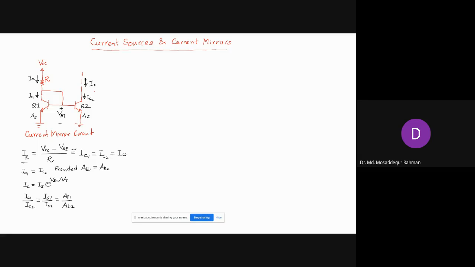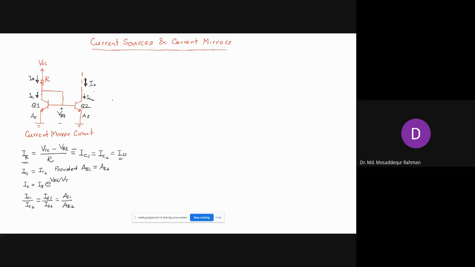So that is how we get IR equal to I naught. The current that we establish in Q1 is reproduced in the second transistor. So that part is clear? Any question on this? No, sir. That is what we have already discussed in the last class.